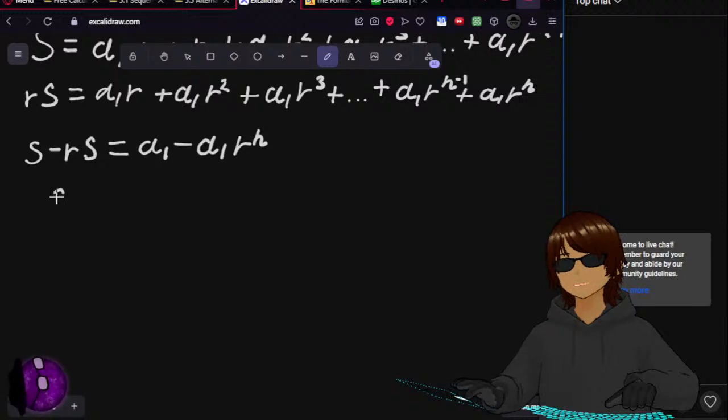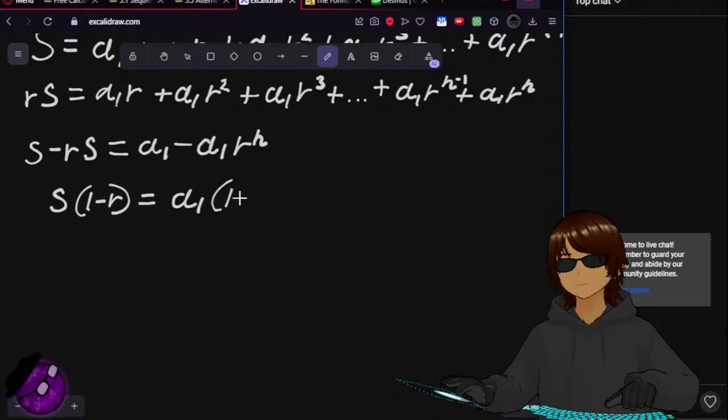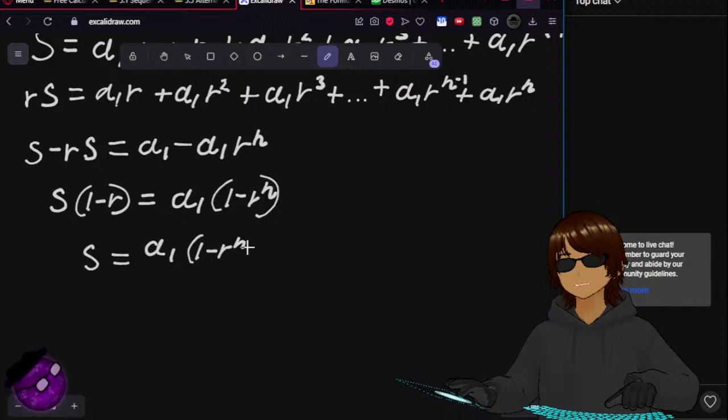And then the sum is the first term times 1 minus r to the power of n, over 1 minus r.